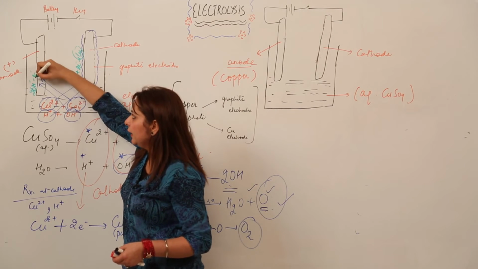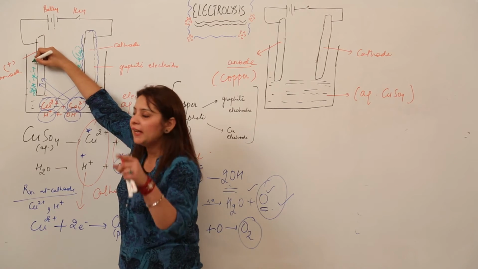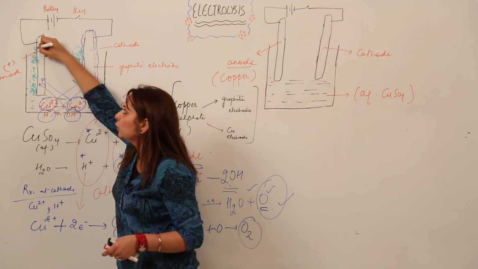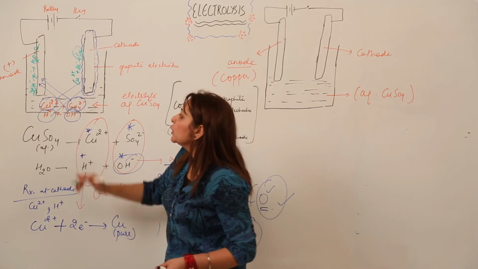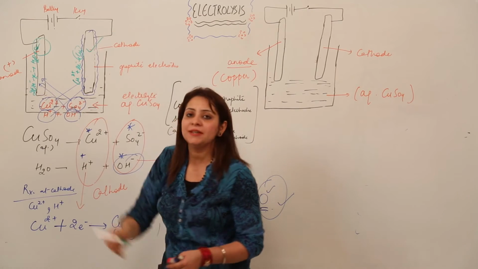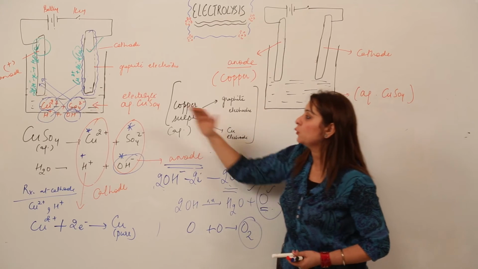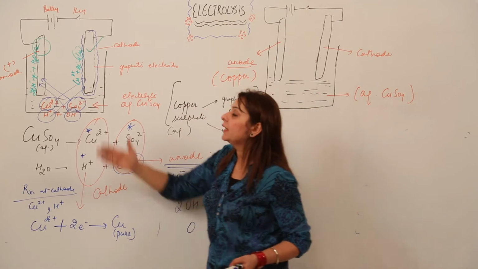So we arrange them, and it leads to the formation of H2O plus O2. We will balance it further. So O2 is liberated at the anode and copper is liberated at the cathode. This is the electrolysis of aqueous CuSO4 using graphite electrodes.